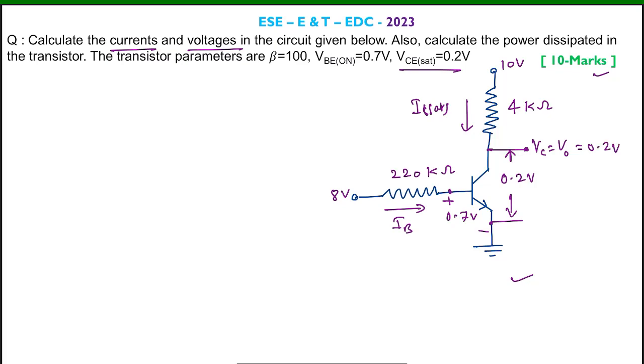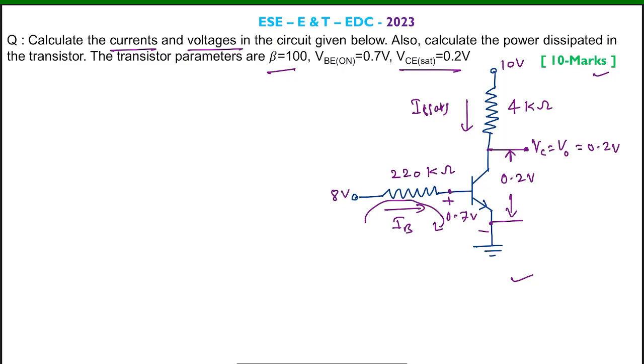Now for this kind of question, first of all we should know whether the transistor is working in the saturation region or not. For that purpose it has given the beta value. First we need to find this IB by solving the input side, this loop of the transistor.